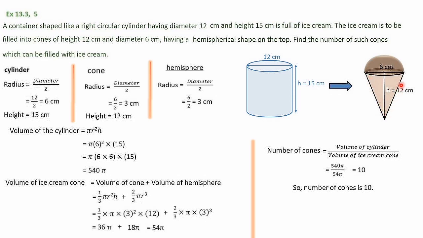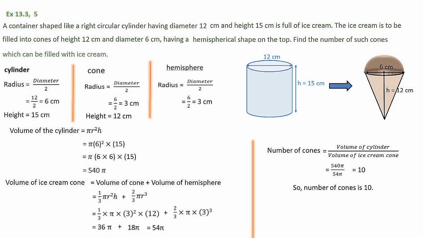The bottom portion is conical in shape and the top is hemispherical. This is the way the ice cream cone is filled. The height of the conical portion is 12 cm and the diameter of the circular portion is 6 cm. Here we are asked to calculate how many such cones can be filled by using the ice cream in the cylindrical container.